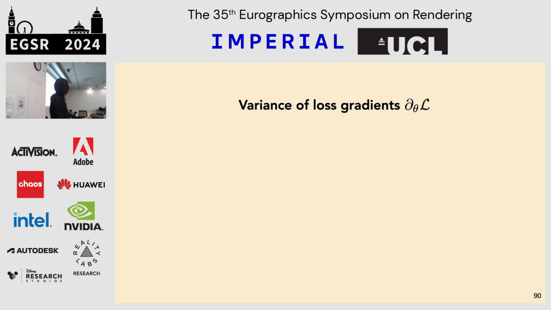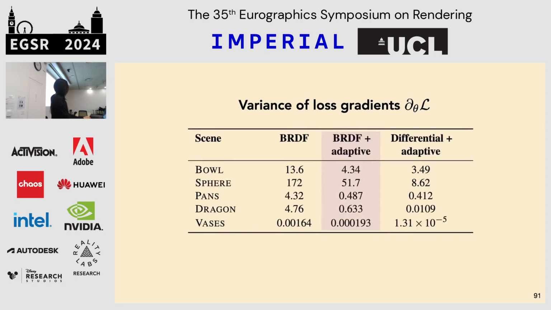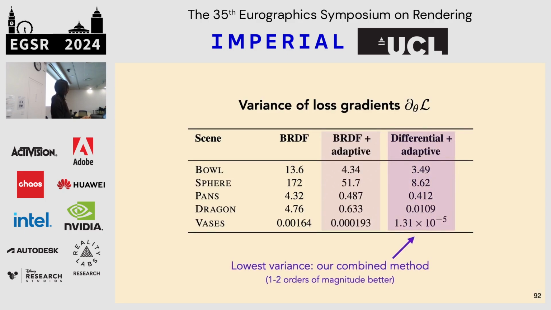So instead we look at the variance of loss gradients, and for various scenes, we find that adaptive sampling consistently reduces variance by 1 order of magnitude compared to standard BRDF sampling. And when used with differential sampling, our combined method reduces variance by up to 2 orders of magnitude.